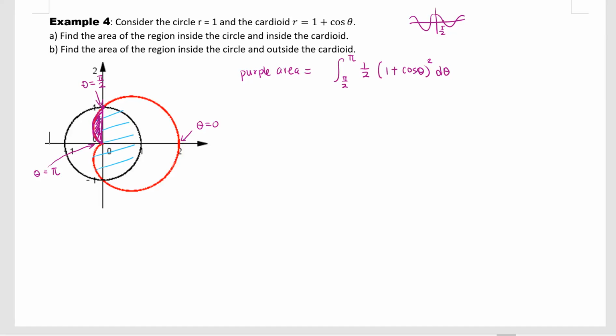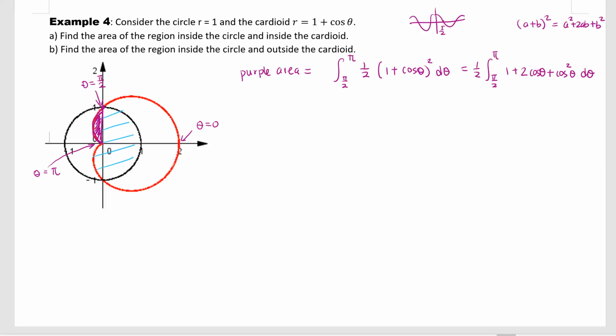Okay, so let's calculate the purple area. Let's move the 1/2 in front. And then let's multiply it out. We have 1 squared, which is 1, plus 2 cosine theta plus cosine squared theta d theta, using the formula a plus b squared is a squared plus 2ab plus b squared.